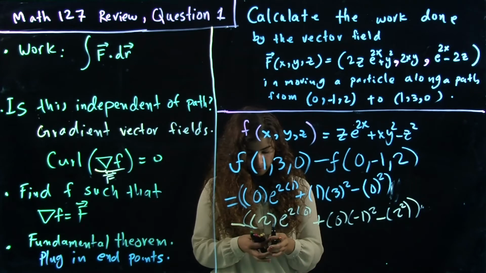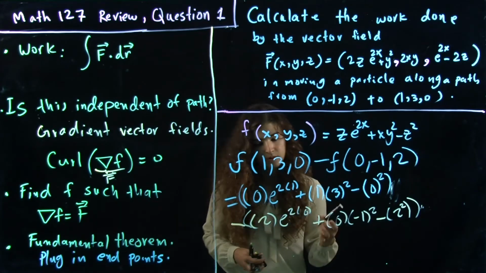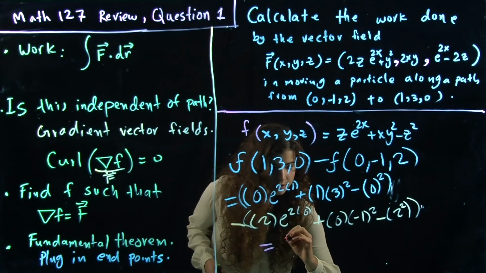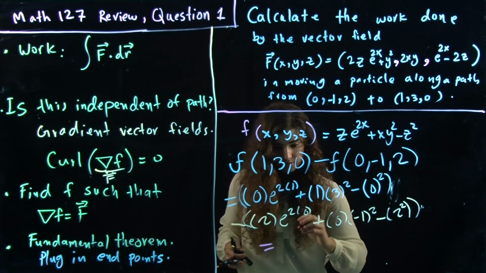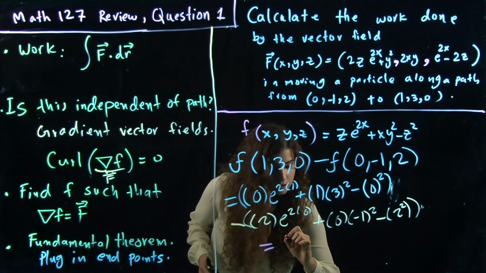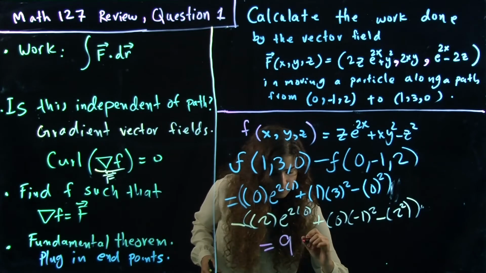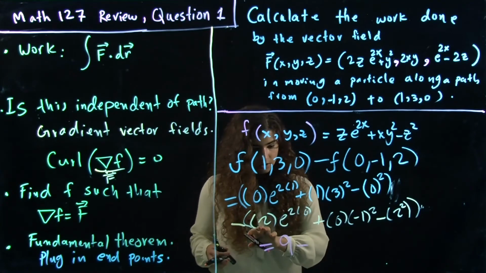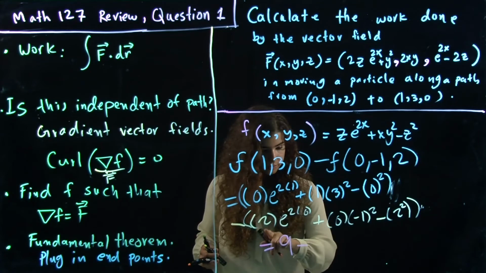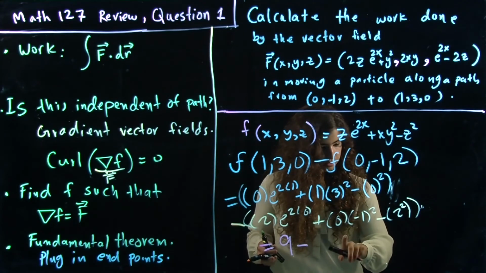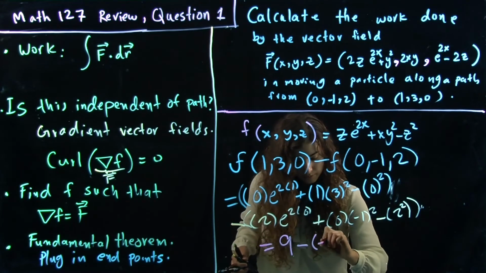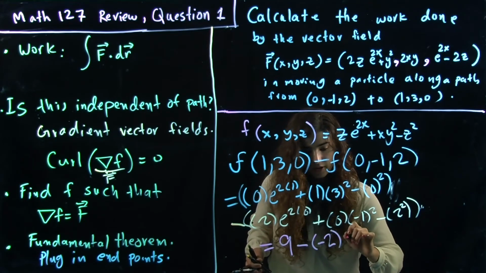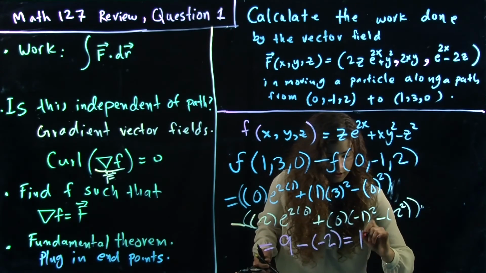So for our first part, it is 0, and then we have our 9, so 9 minus 2 e to the 0, which is 1, so that's 2, 0, 2 minus 4, so negative 2. And we get our final value as 11.